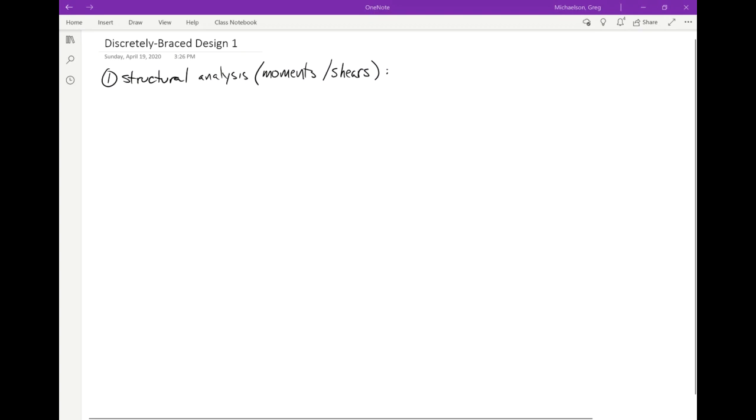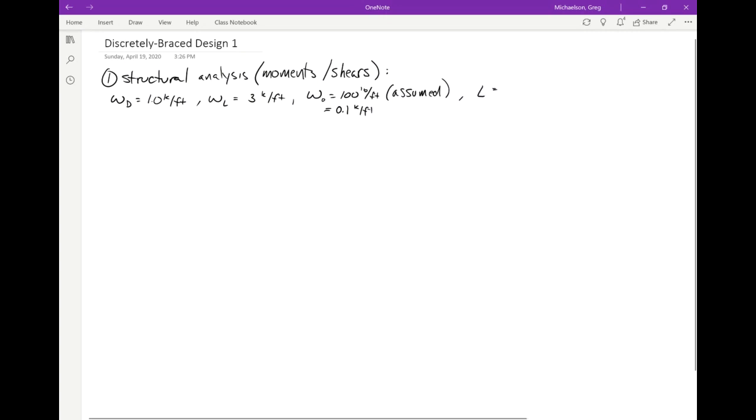All right. So we have a dead load of 1 kip per foot. We have a live load of 3 kip per foot. We have a self-weight of 100 pounds per foot, which is assumed, which we'll say is 0.1 kips per foot.